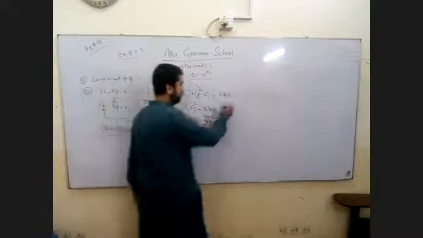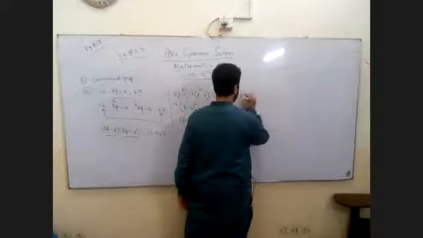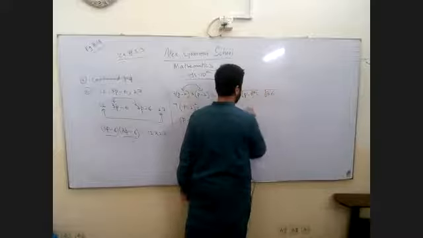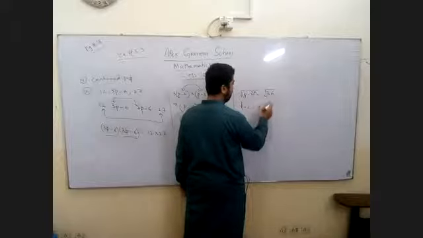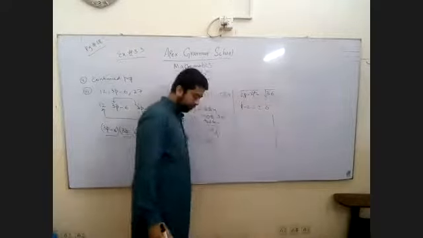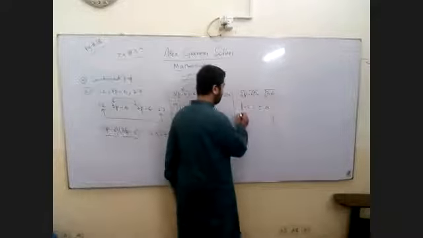Now apply square root on it. p minus 2 whole square is equal to square root of 36. Squares cancel with this square root. So p minus 2 is equal to plus minus square root of 36, which is 6. Now you have two ways to find it. First, p minus 2 is equal to positive 6.